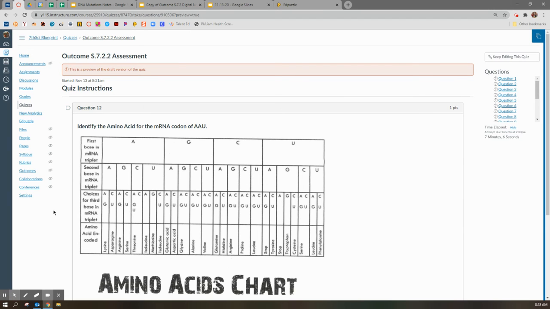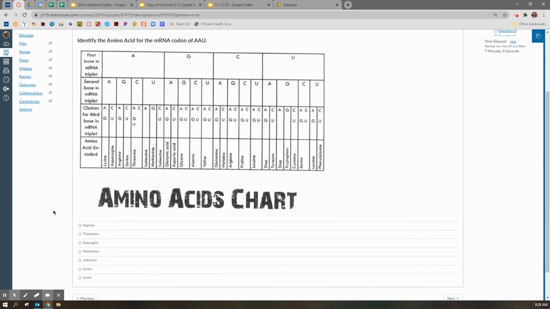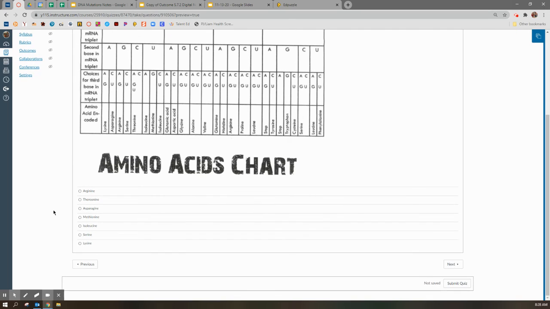Question 12. Identify the amino acid for the mRNA codon of AAU. Is AAU arginine, threonine, asparagine, methionine, isoleucine, serine, or lysine?